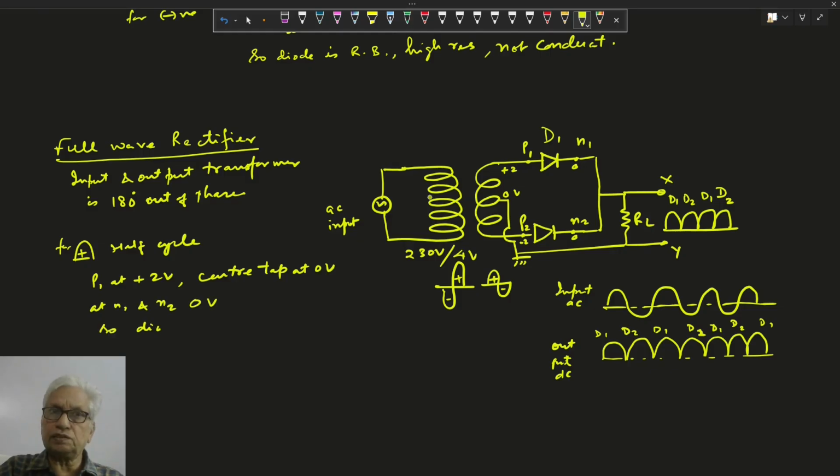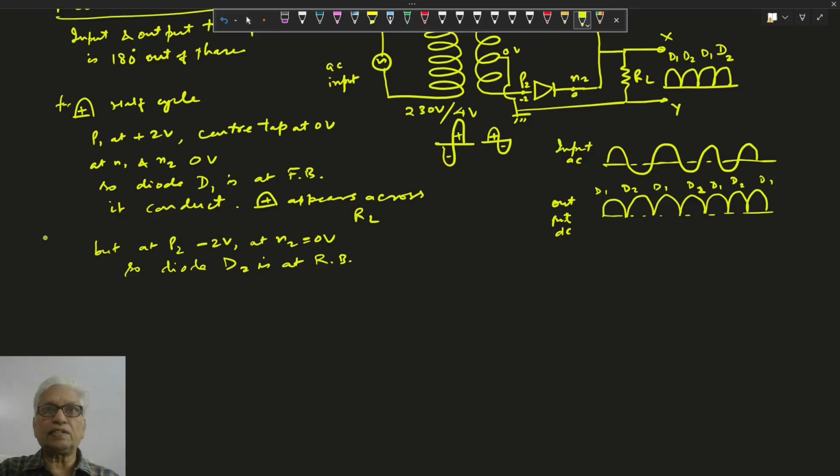So diode D1 is forward biased, it conducts. So the positive half cycle appears across the load resistance RL, but P2 is at minus 2 volts and N2 at 0 volts. So diode D2 is reverse biased, it will not conduct.